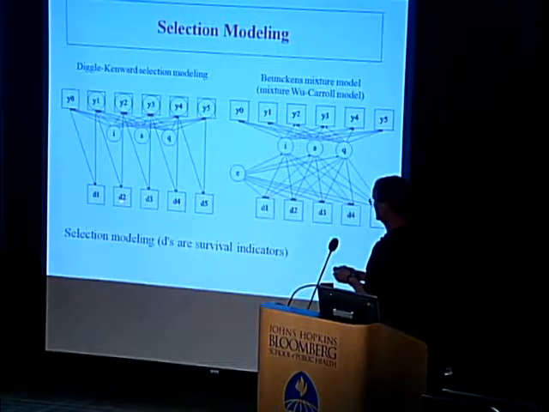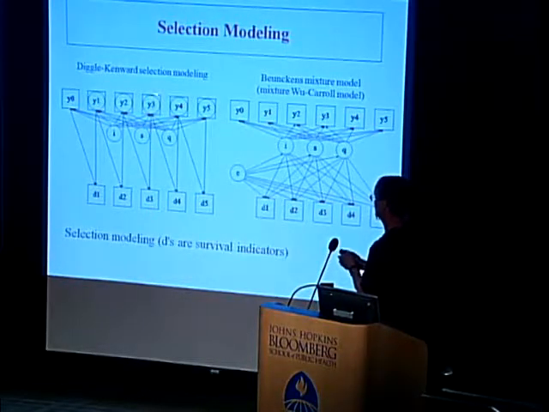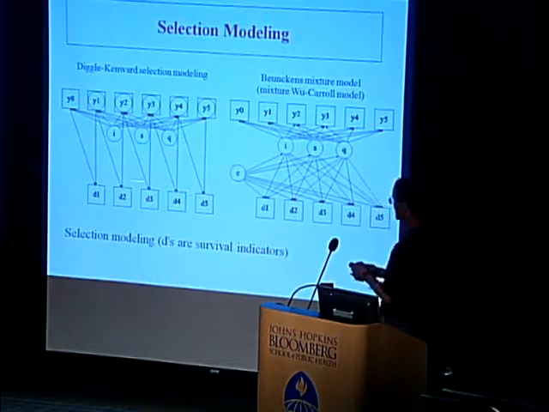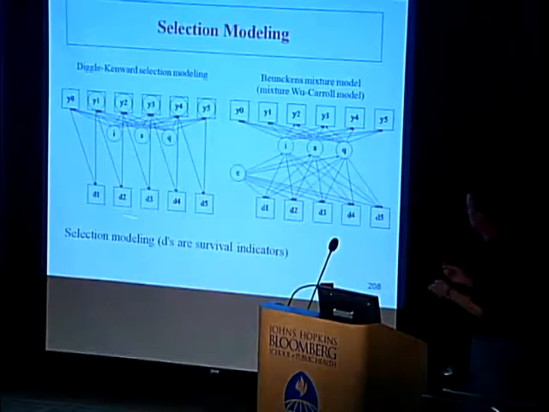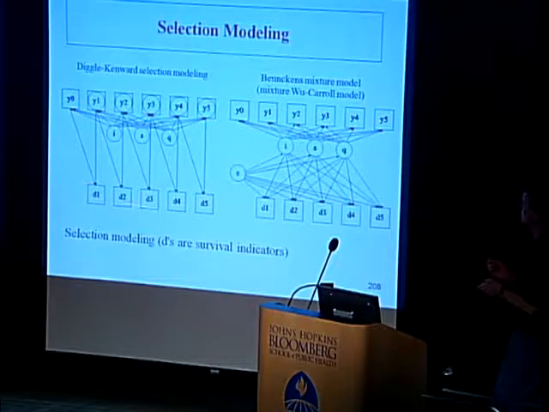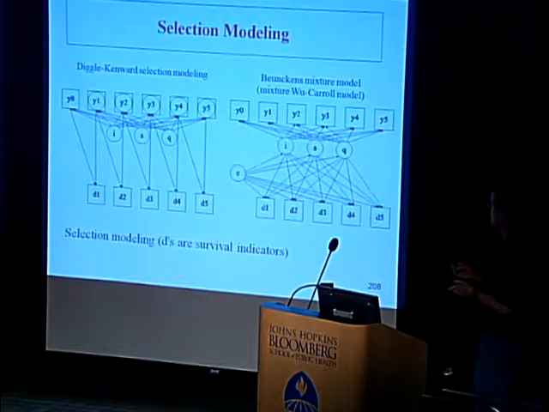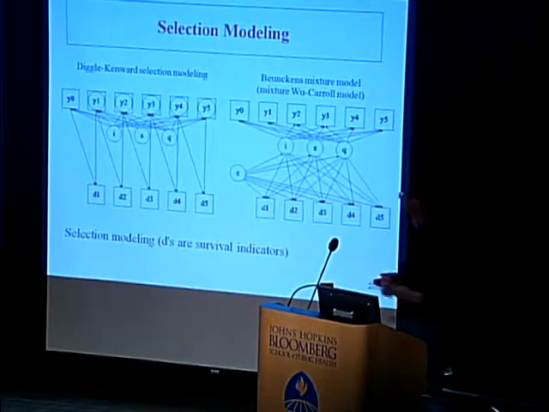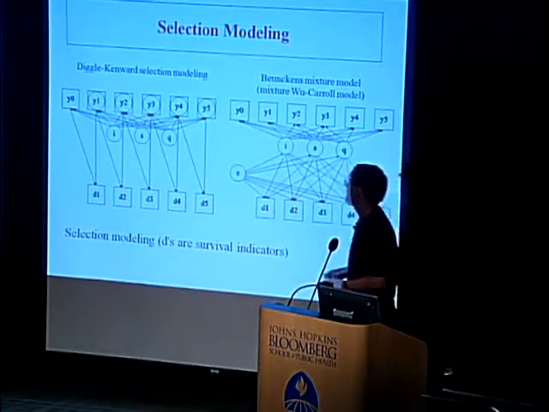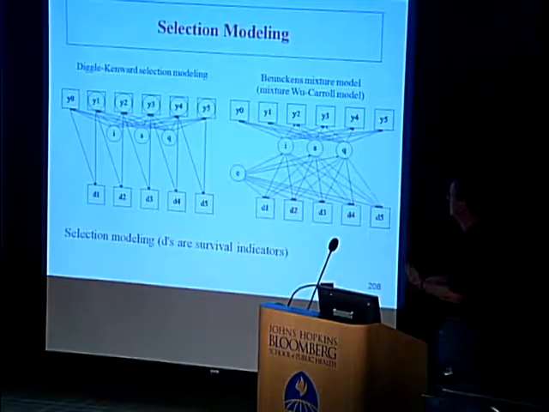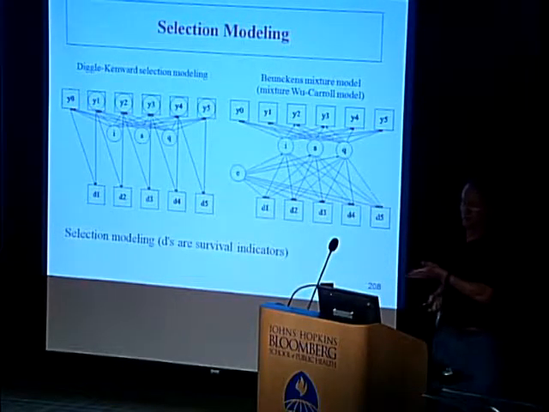So 0, 0, and then 1 dropping out, and then missing. So if you drop out before time 3, you have 0, 0, 1, missing. So you have the survival scoring that we used for the U's. And that's what you need to do Diggle-Kenward selection modeling. So that means that the risk set is those who haven't dropped out before. They are considered as the risk set for dropping out thereafter.